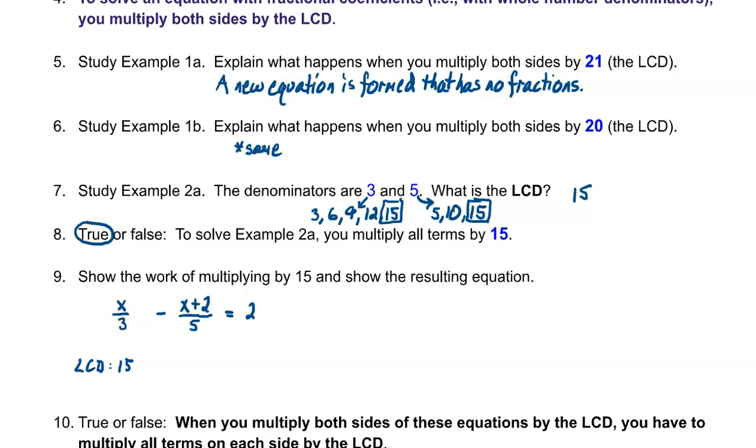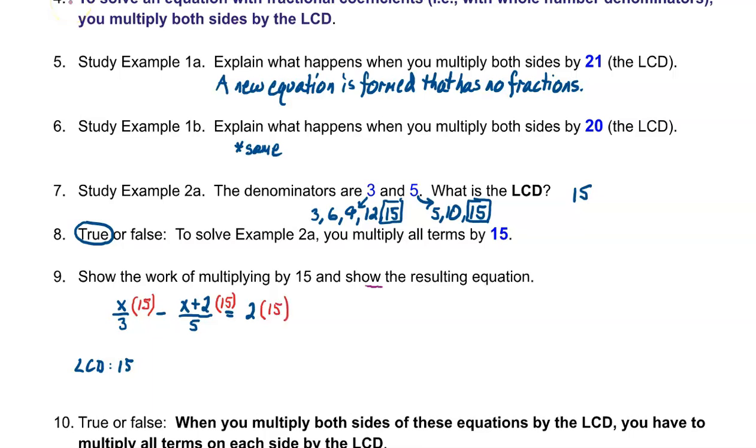And we're asked to multiply both sides of the equation by 15. Another way to think of that is multiply all terms of the equation by 15. Multiply the first fraction by 15. Multiply the second fraction by 15. And multiply the 2 by 15.